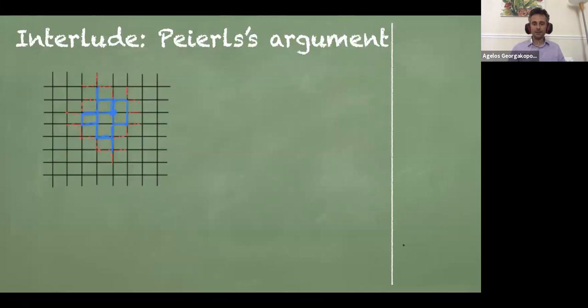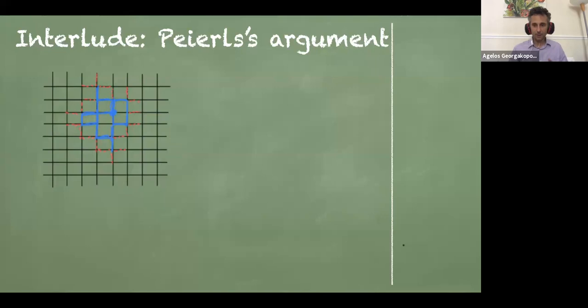But before I sketch the proof, let me take a couple of minutes to review something classic. It's an argument of Peierls that gives you an upper bound on p_c. So let me review this argument. So we have over here my origin O, and I've run the percolation, and this blue thing is the cluster maybe.